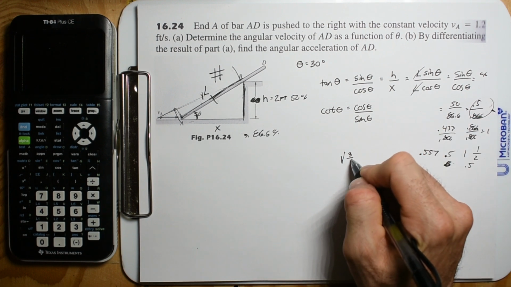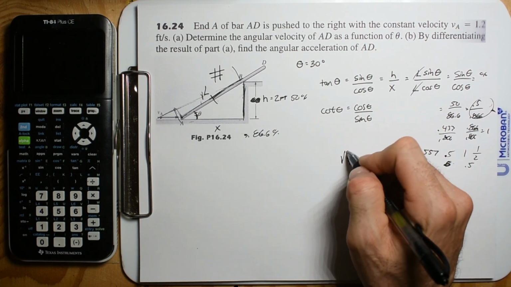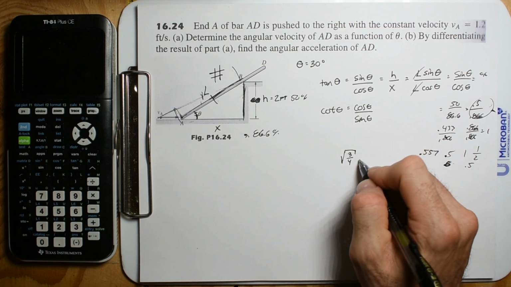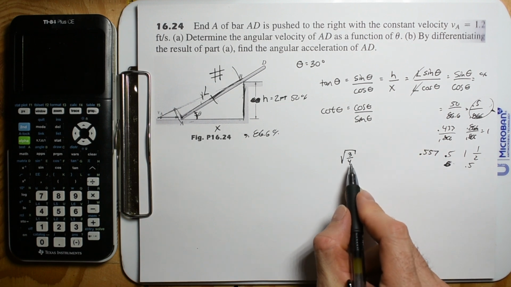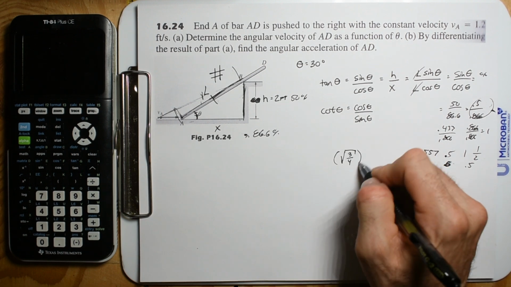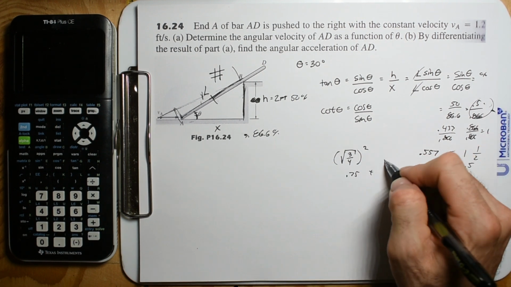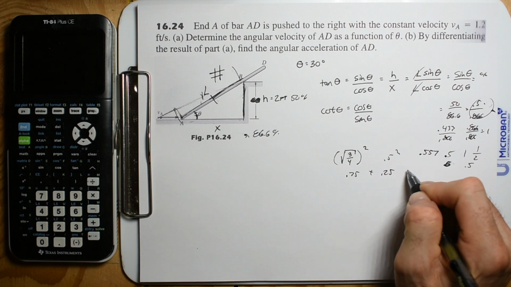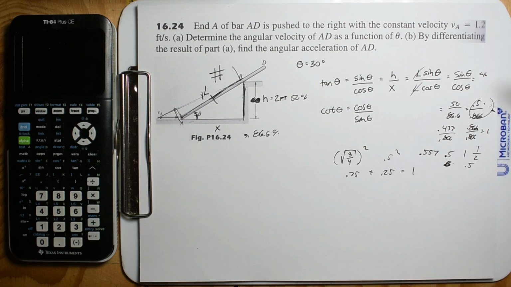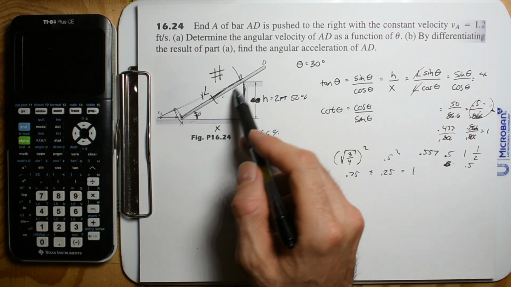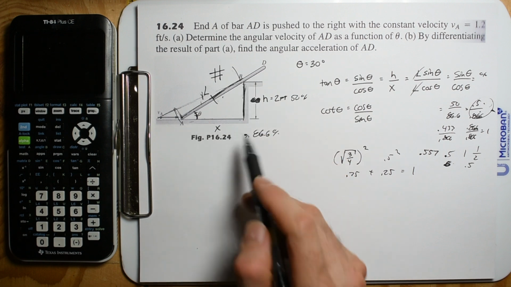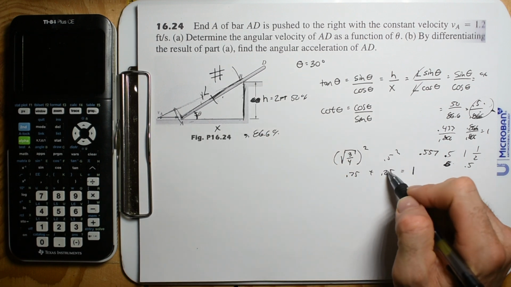But isn't it just the square root of 3 over 2? And why would it be this? Because this number squared is equal to 0.75, and then we add it to 0.5 squared, which is 0.25, and that equals 1. So anytime you're working with triangles, always go back to Pythagorean's theorem, and that'll be really useful.